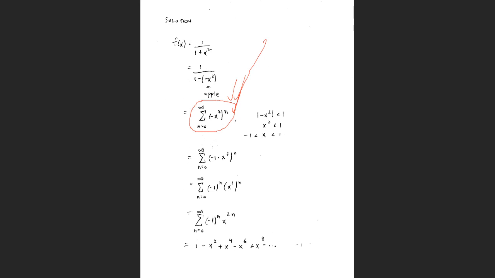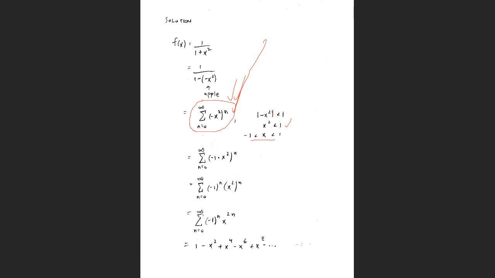Negative x squared. Good, negative x squared. That's right, Rodrigo. And so in order for the power series to converge, the absolute value of negative x squared, which is the common ratio, has to be less than 1. Well, that means x squared is less than 1, because the absolute value of negative x squared is positive x squared. And so x is between negative 1 and 1.